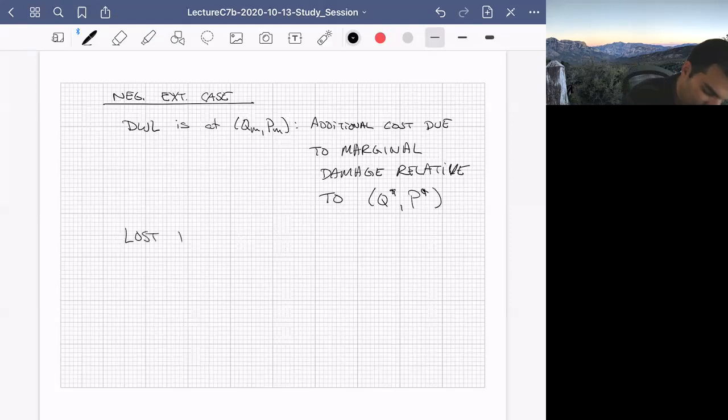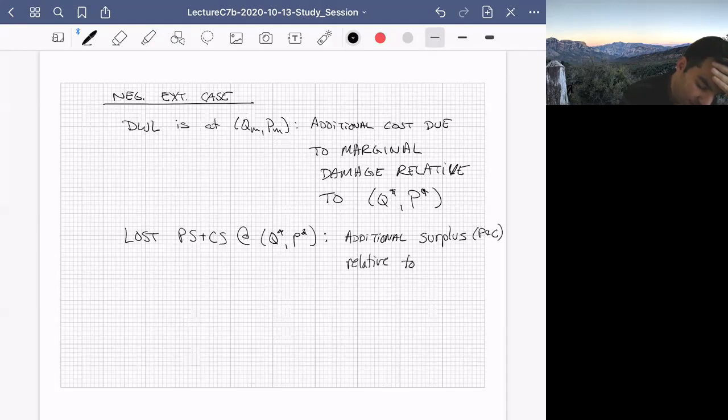And then the lost PS and CS at Q star P star, you can view that as the additional surplus, both producer and consumer, the additional surplus gained if moving from Q star to QM.